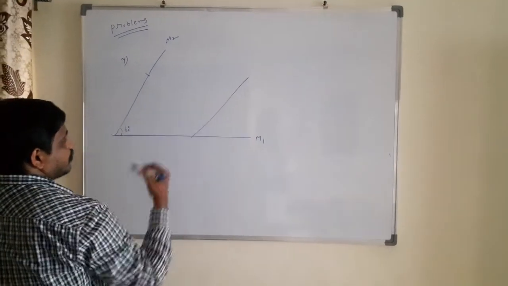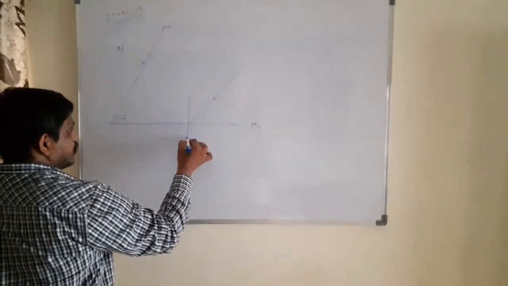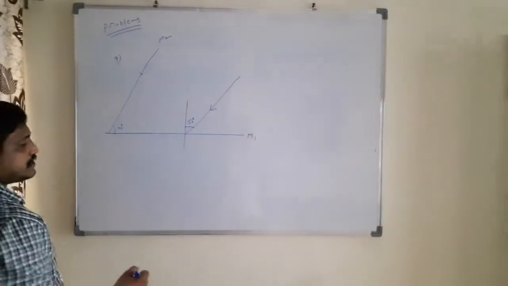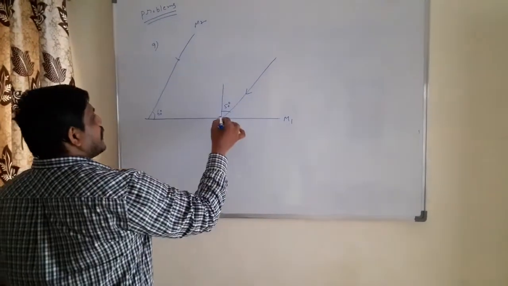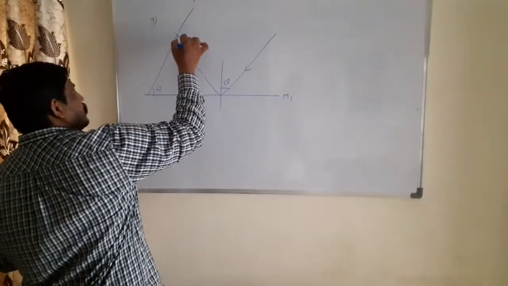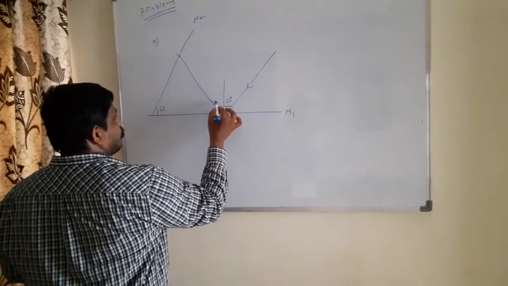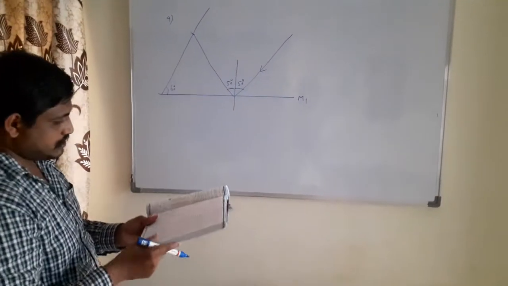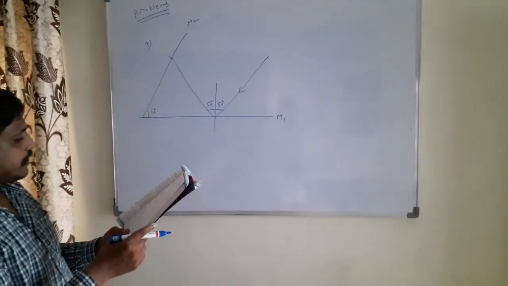What is the angle of incidence given? With the normal it is 50 degrees. In mirrors, the angle of incidence equals the angle of reflection. According to the law of reflection, the angle of incidence is 50 degrees, so automatically the angle of reflection is also 50 degrees.